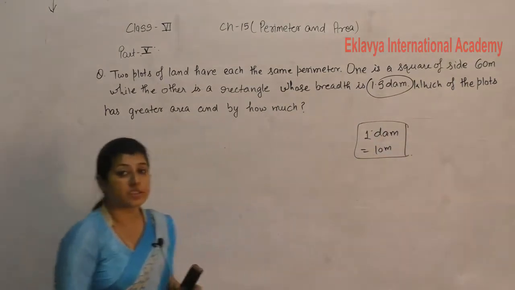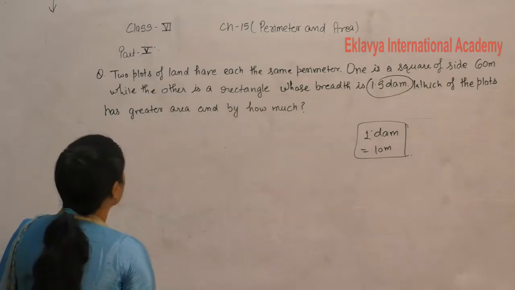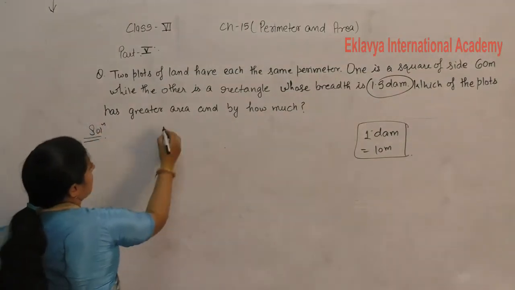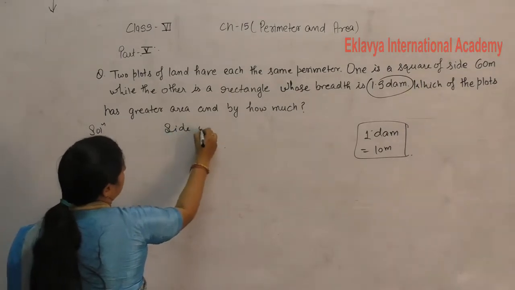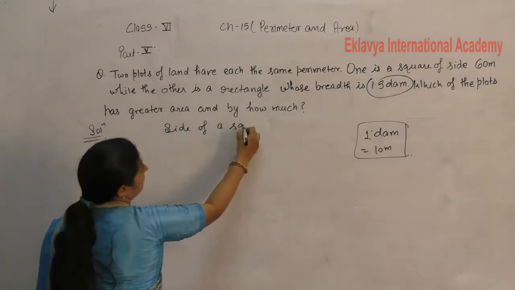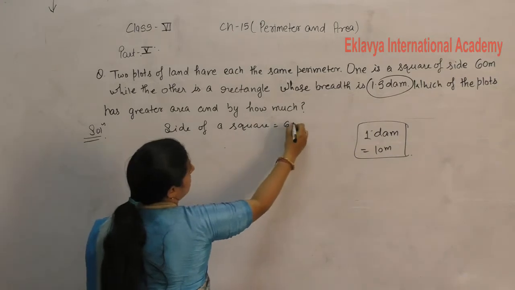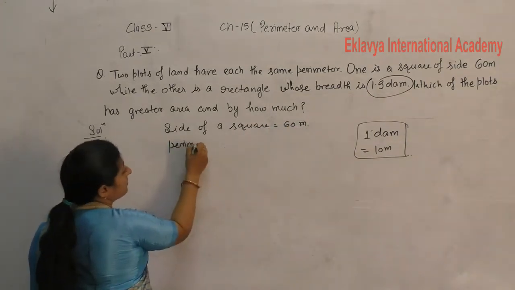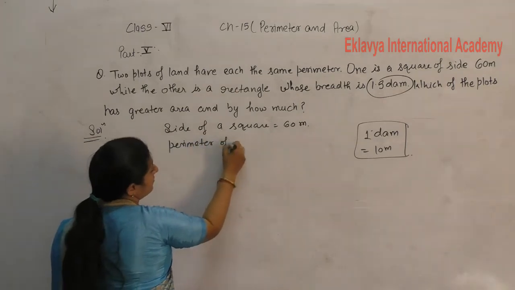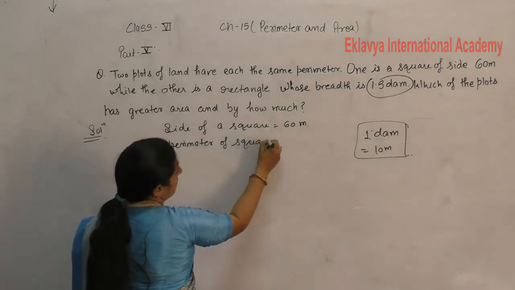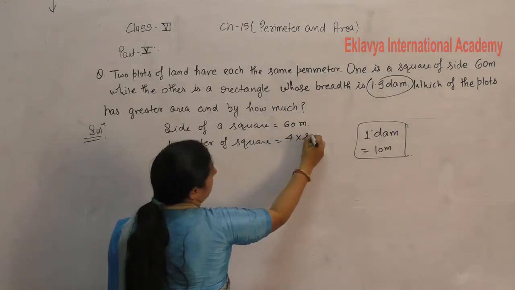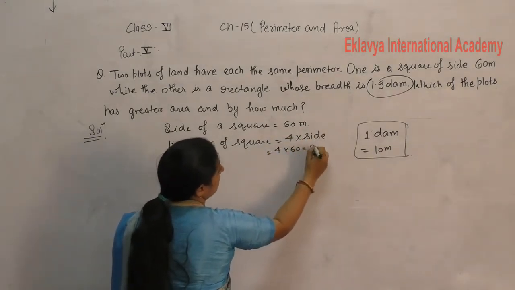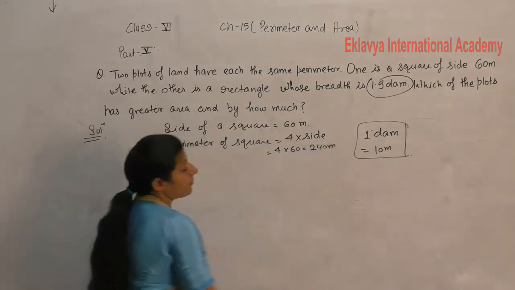Now see, two plots of land have same perimeter, then side of a square is equal to 60 meter, perimeter of square is four multiplied by side, that is 4 into 60 is equal to 240 meter.